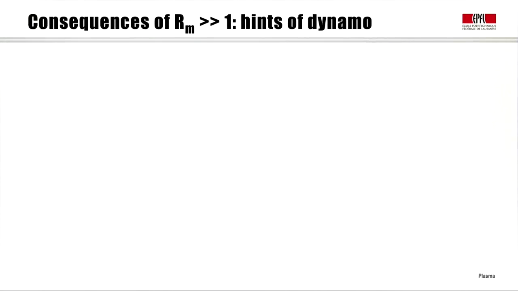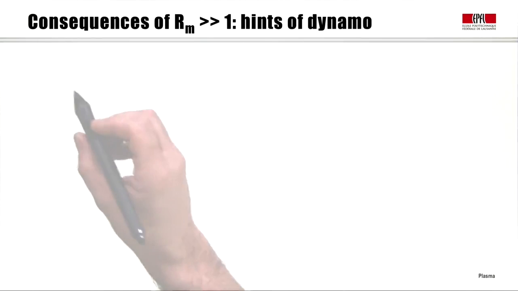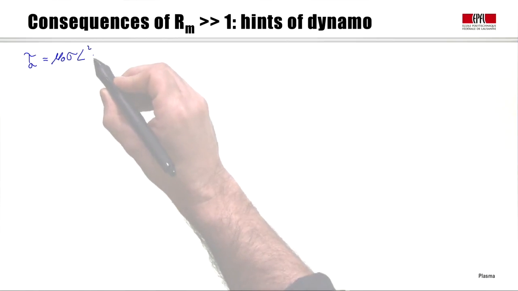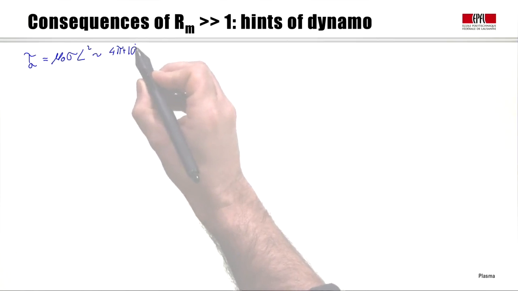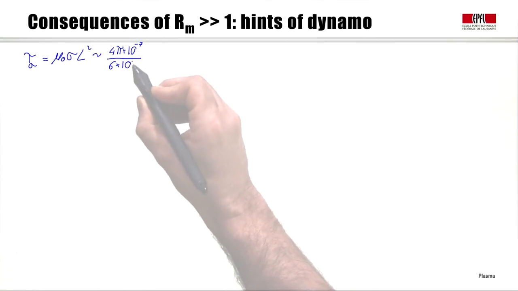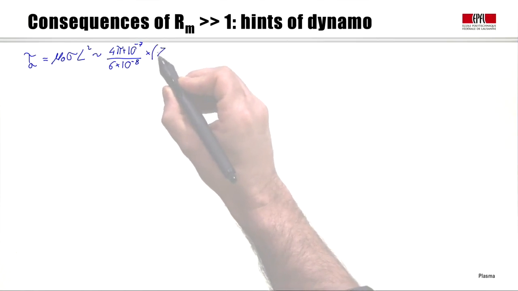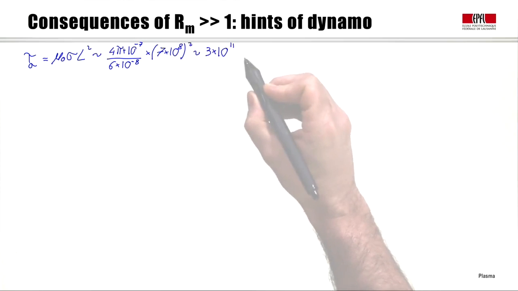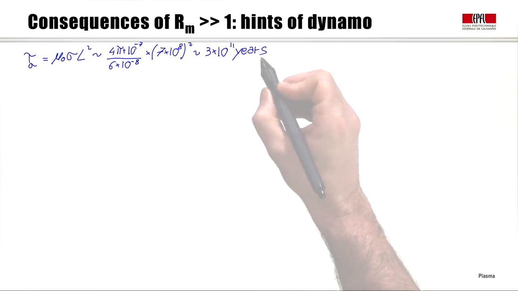Let's now explore some consequences of this large magnetic Reynolds number. Let's suppose that the magnetic field existed at the time when the Sun was born, and let's evaluate how long it would take for this field to decay by magnetic diffusion. We can compute the resistive diffusion time in the following way, and we come up with a number which is approximately 3 × 10^11 years.